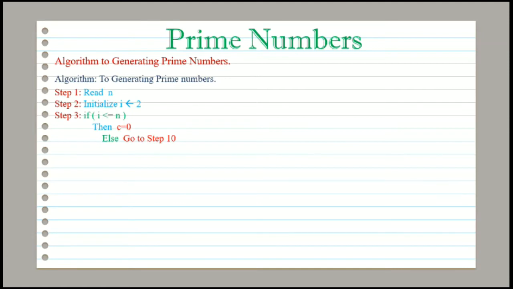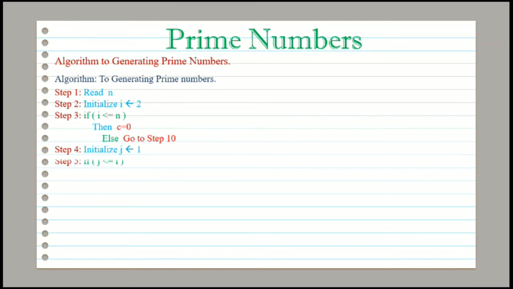In step 4, we will initialize the value of j by 1. This j value is 1 because we are using the j value to find the number of possible divisors starting from 1 up to n.